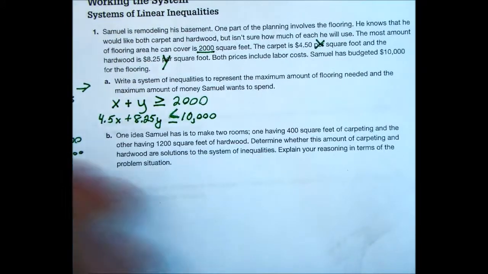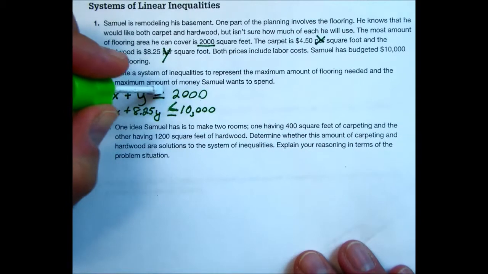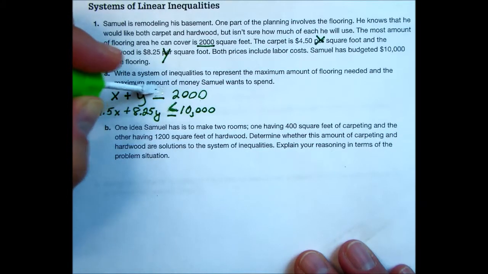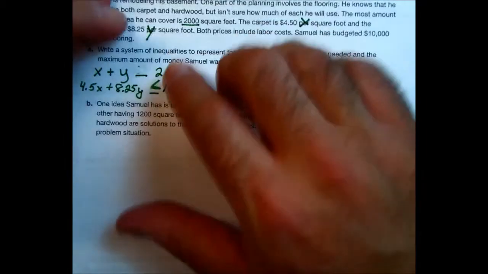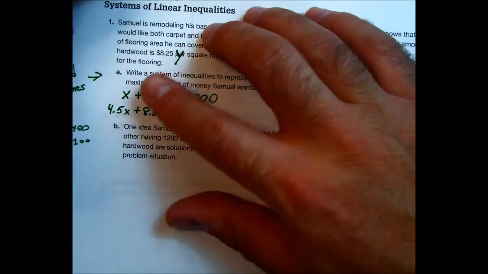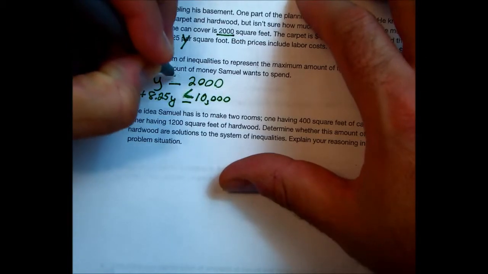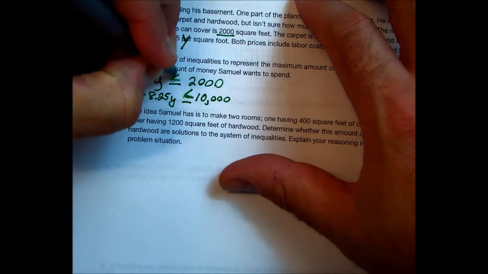And guess where else I made that mistake? Correct. My square footage in my house has to be less than or equal to 2,000. My house isn't suddenly going to get bigger, right? This is as big as my house can be. So I'm supposed to be less than or equal to. So we'll do that there as well. I had them backwards.